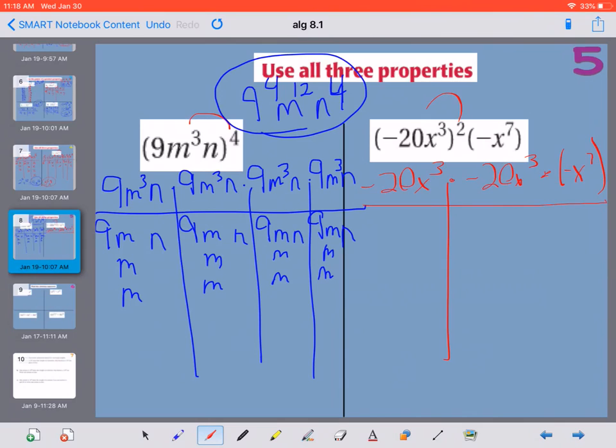So what we have then is 1 negative 20 here and 3 x's, a negative 20 here and 3 x's. And what we have here is actually a negative 1. So we have a negative 1 and 7 x's.